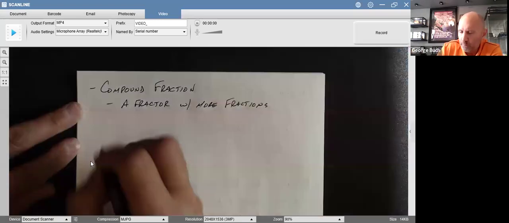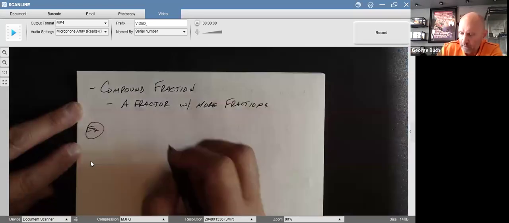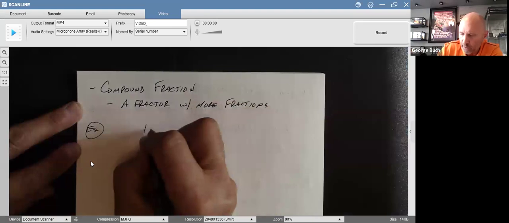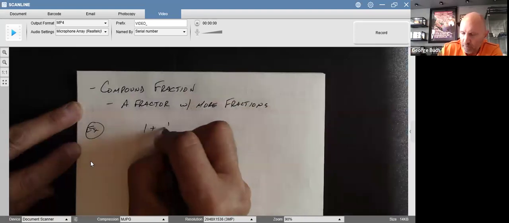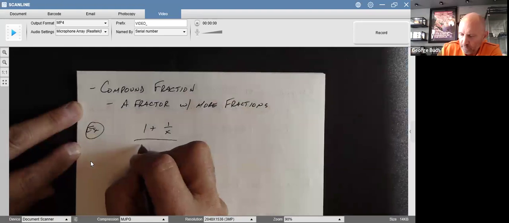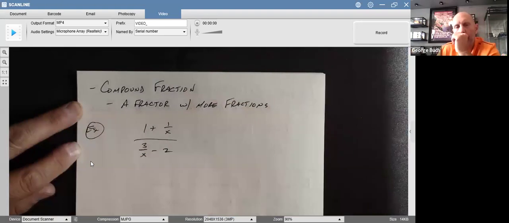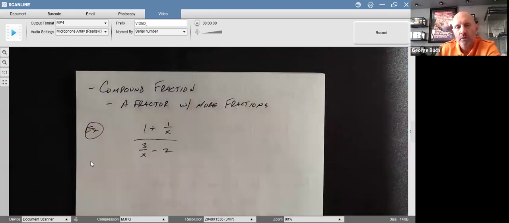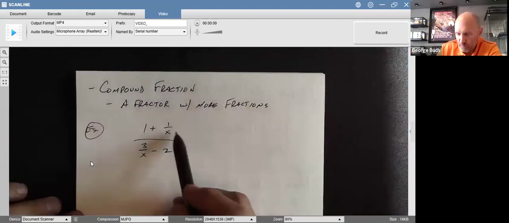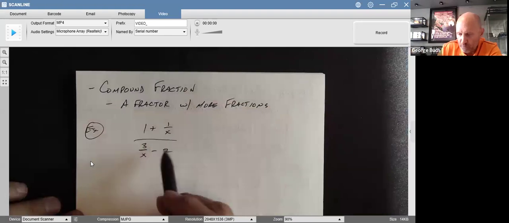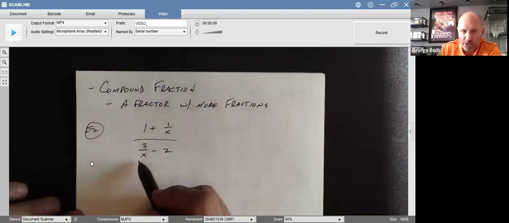So for example, I might have something like 1 plus 1 over x divided by, let's say, 3 over x minus 2. So I have a fraction, numerator, denominator, but then in the numerator and denominator, I have more fractions.